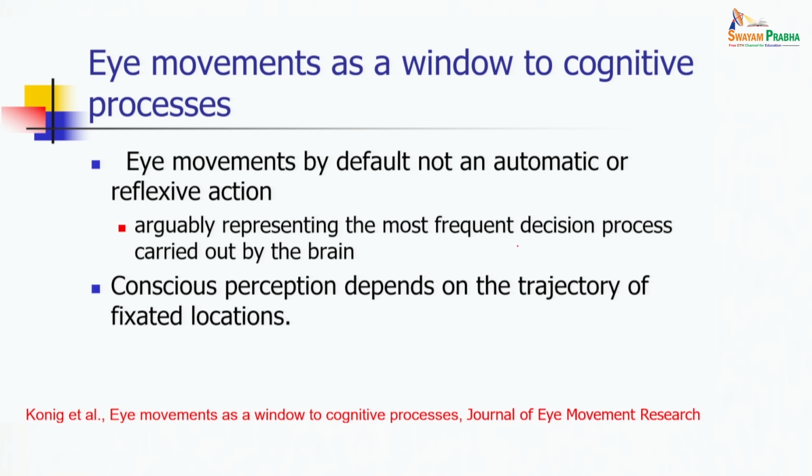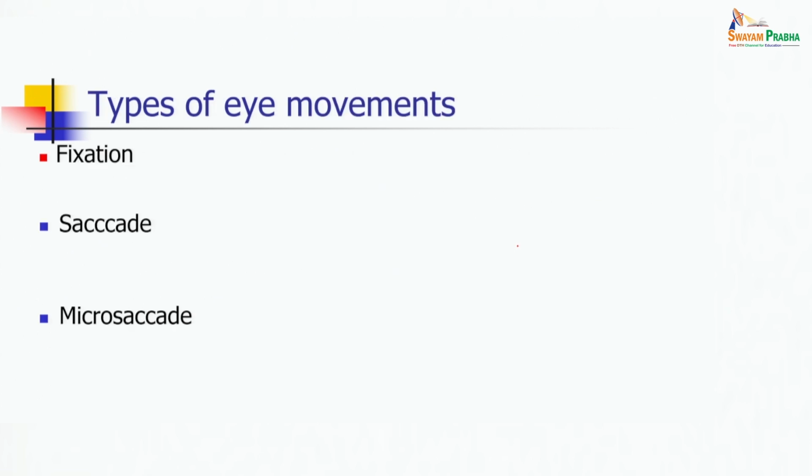We'll see that when we have this kind of gaze data, there are different types of eye movements which characterize the nature of those points in the gaze locations, and that also shows how our perception mechanism works. It gives some insight into our visual perceptual processes. So these three types of eye movements are observed.